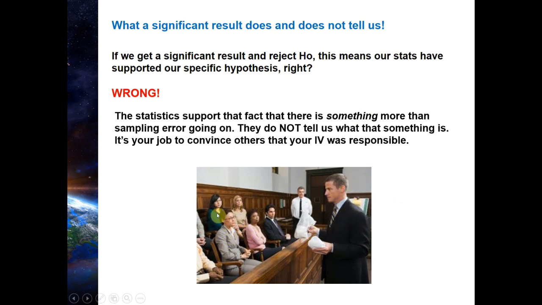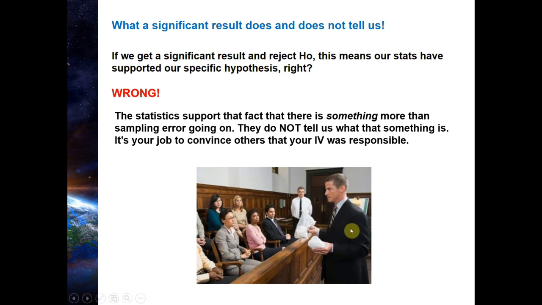These are your readers, or your professors or your classmates. And it's your job to say, look, I found significant results, and I'm going to convince you the reason why I found significant results is because that something else happens to be my manipulation. It was because of my independent variable that we saw significant effects.